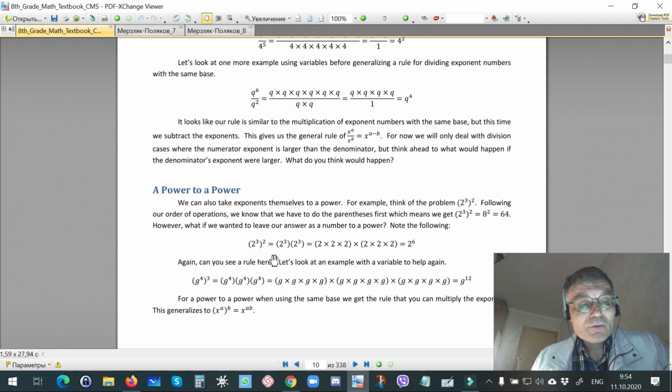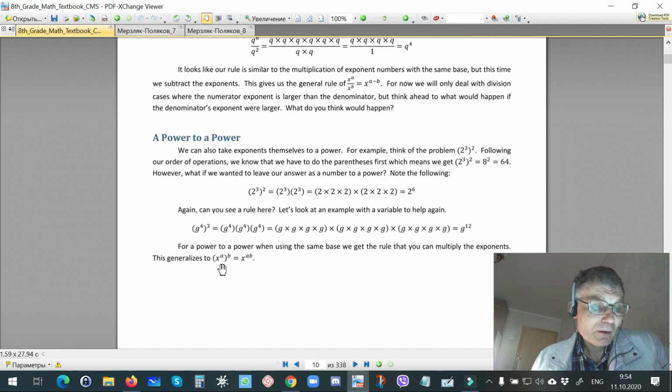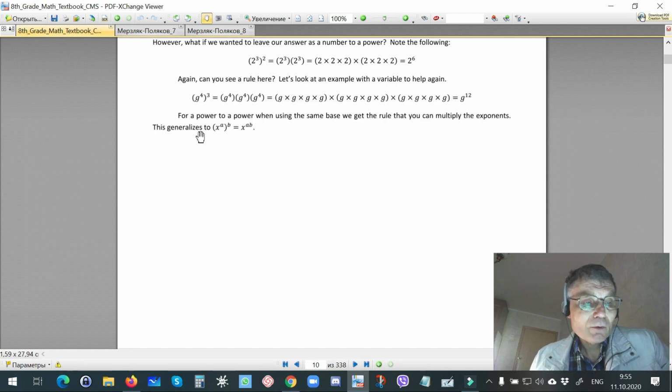How do we get 6 from 3 and 2? It's a product, it's 3 by 2. So in letters we just keep the base, in this case it's g, and we multiply the exponents, 4 by 3, it's 12. So that's the general rule.